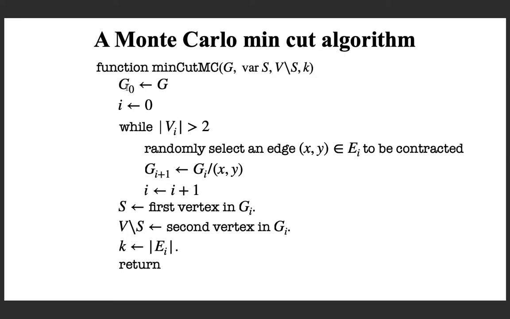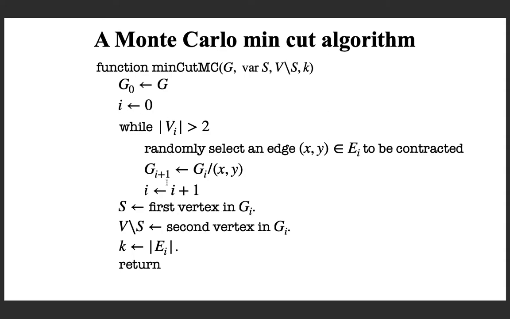And what does it do? It says that G0 is the given graph and the iteration count i is set as 0, because i is representing the subscript here. So you are initializing it as 0.